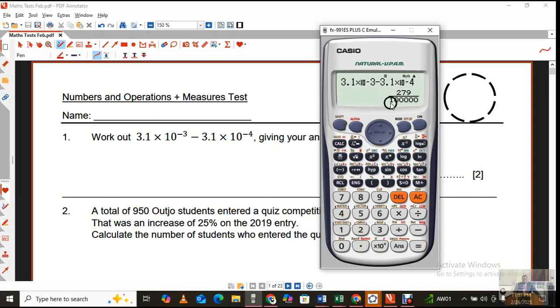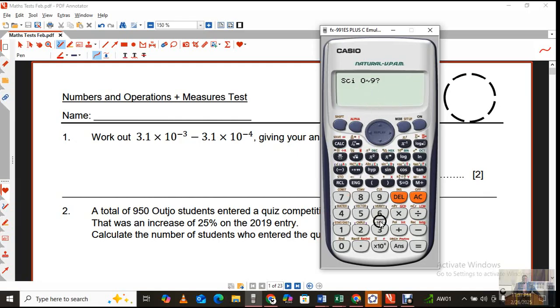And then you get that answer as a decimal, but the calculator is set in such a way that, if you want to, you go to your setup, shift setup, and then you choose 7, which is scientific notation. If I hit 7, it's going to ask me what rounding I wish to apply.